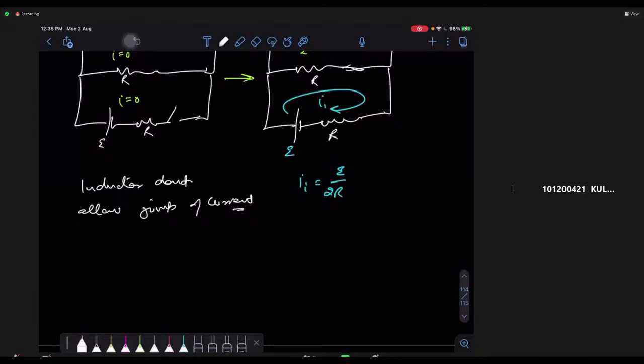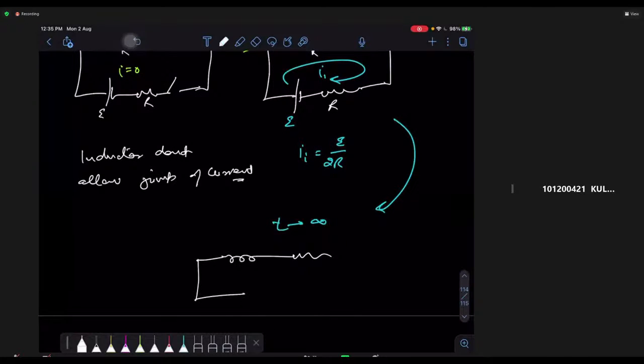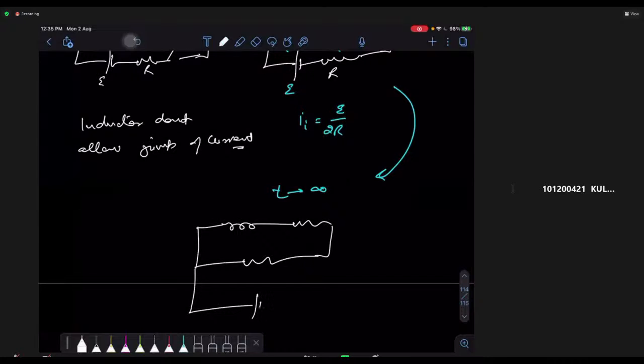So next, after a long time, what happens? After a very, very long time, when time tends to infinity, how does the inductor behave? After a very long time, it's going to be a steady state.